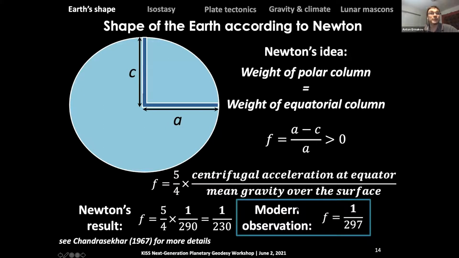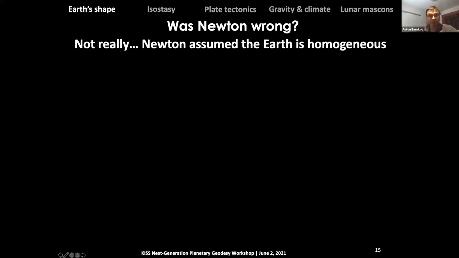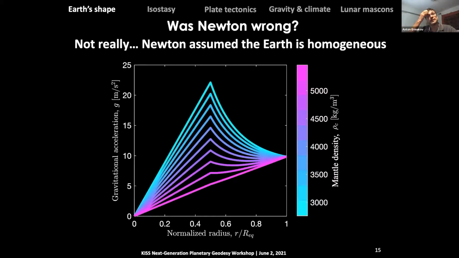So what would cause this difference? Was Newton wrong? Well, not really. Newton made one assumption. This assumption was basically that the Earth is homogeneous in density. So in reality, Earth's density is not homogeneous. Earth has higher density at the center.